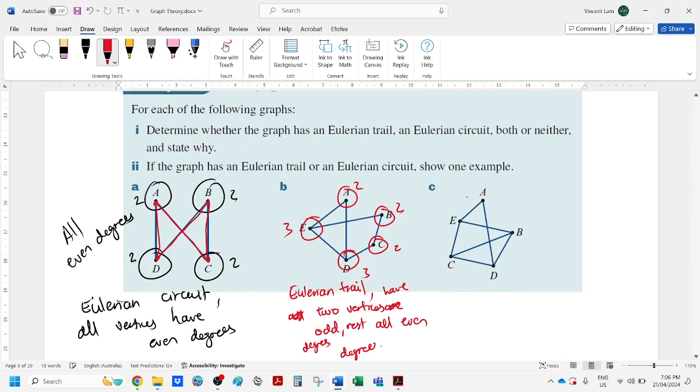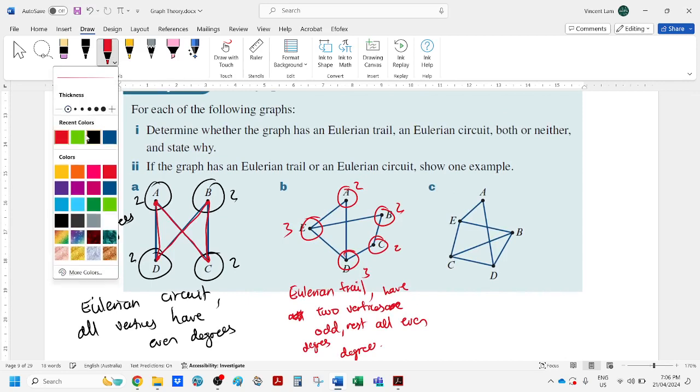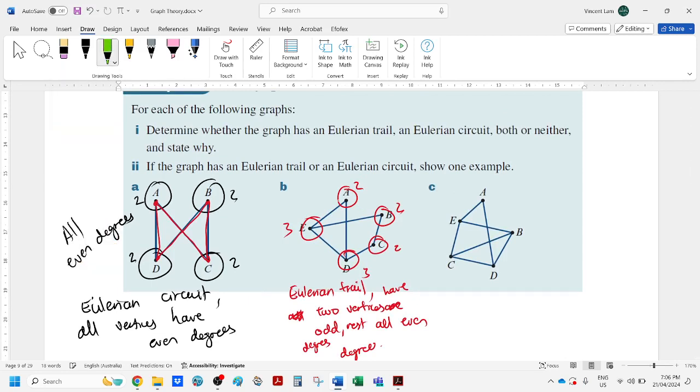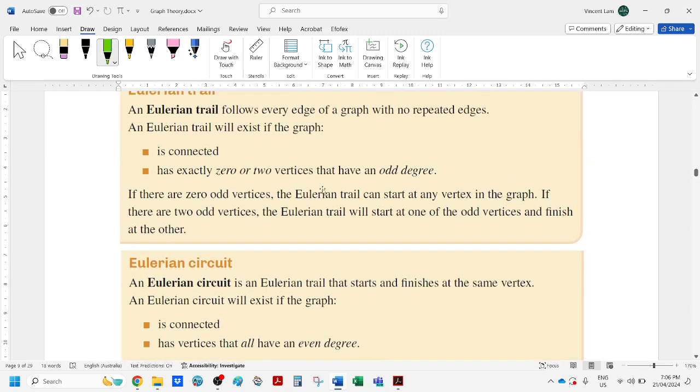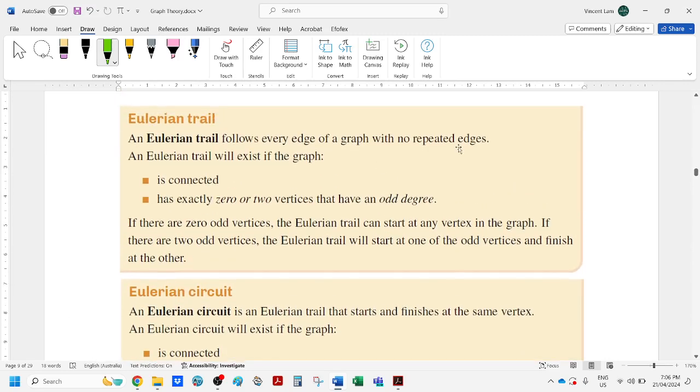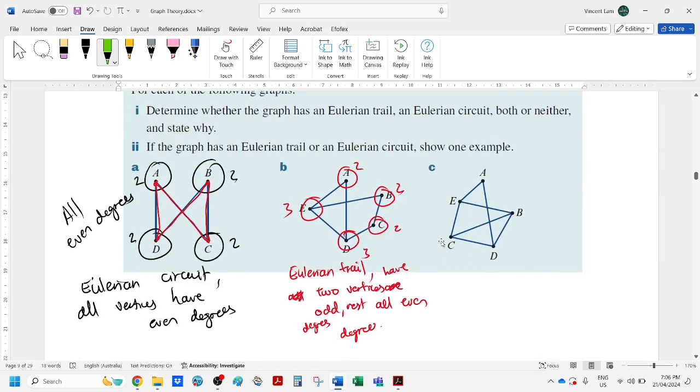And then the last one, well, I'll have to do an example. Let's see, let's do it in green. So this one needs to hit every edge, and no repeated edges. Okay, so I can't repeat the edge, but I can repeat the vertices. So let's go here to here to here, and here, here, here.